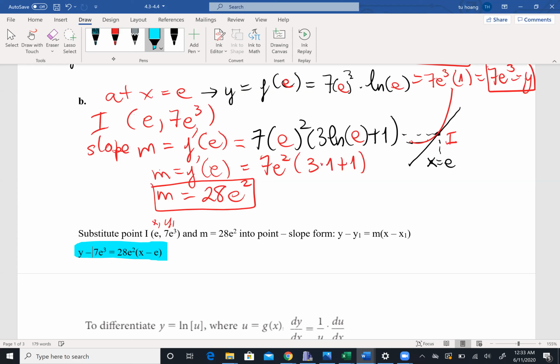So I'm going to say this is the equation of the tangent line in point slope form.